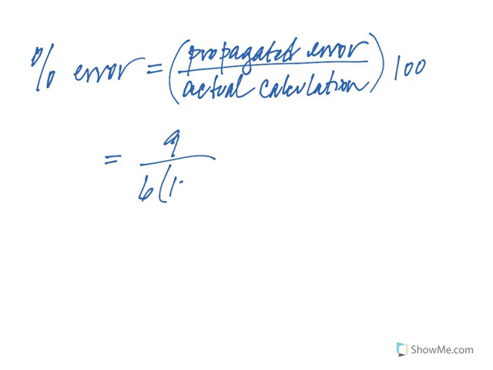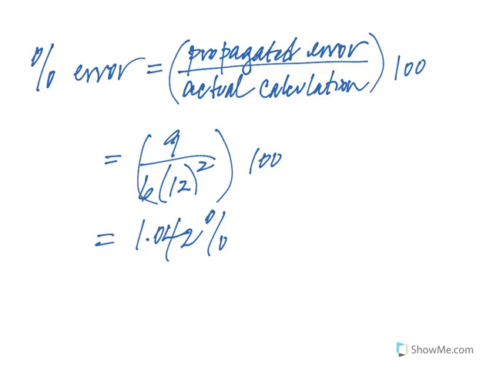So that's going to be 6 times 12 squared. Again, it's not the actual measurement of the side, it's the calculation of the function that you're using. And in this case, I'm using surface area. And then I take that and I multiply it by 100. And that gives me 1.042%.